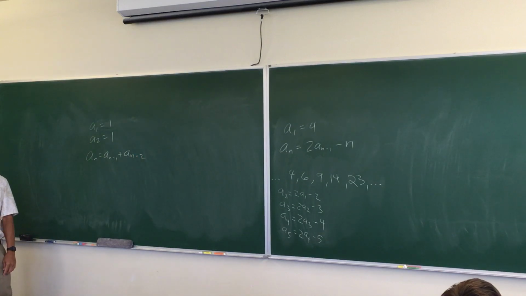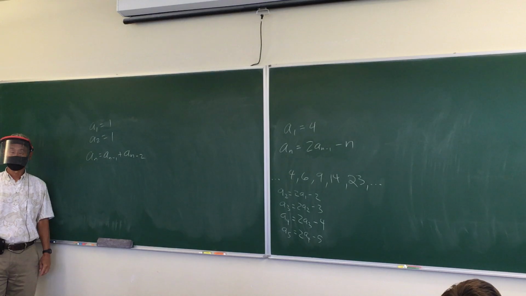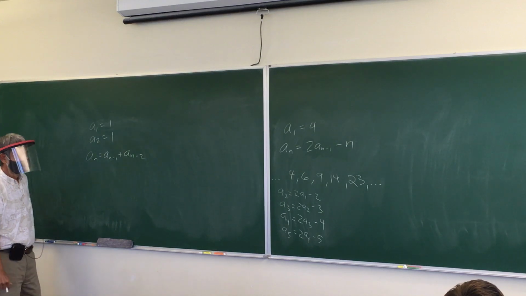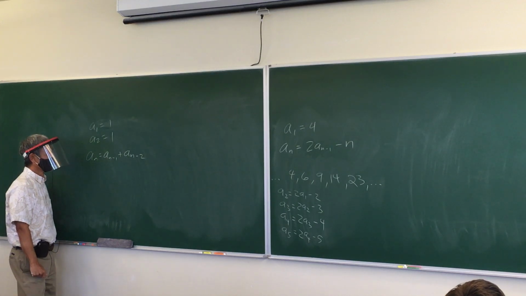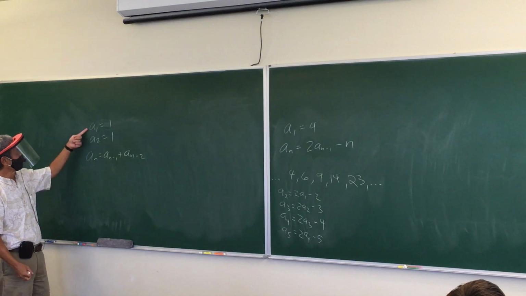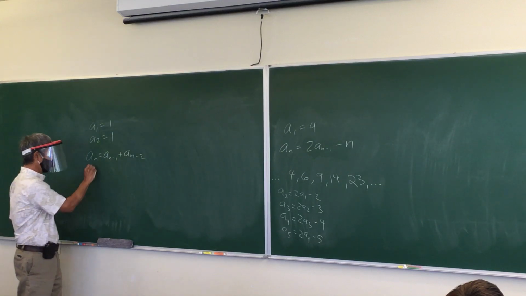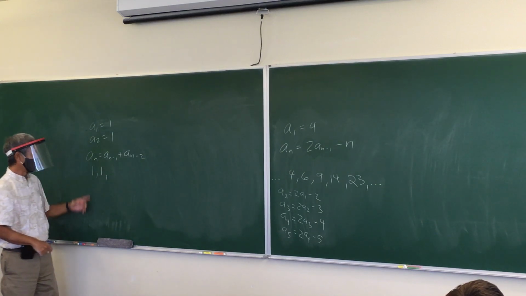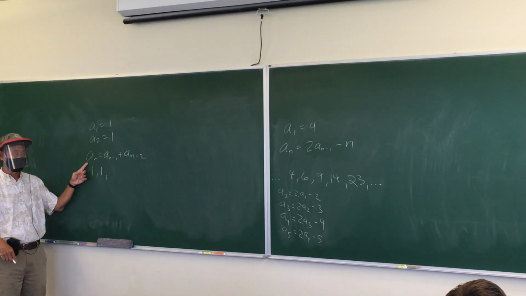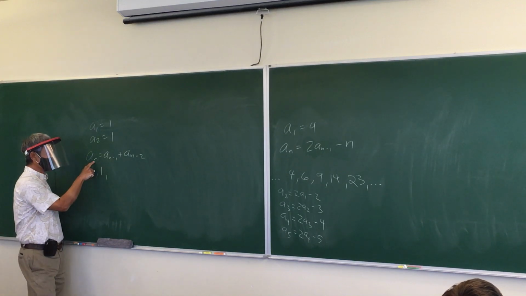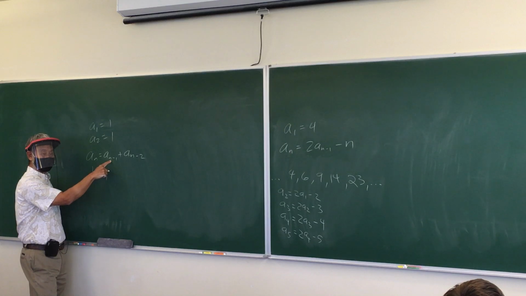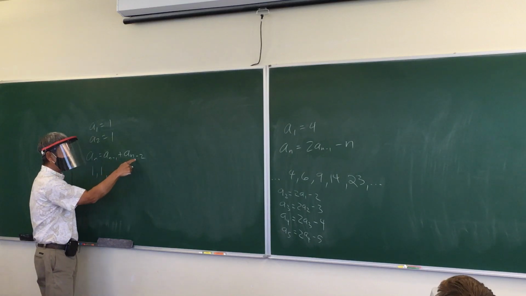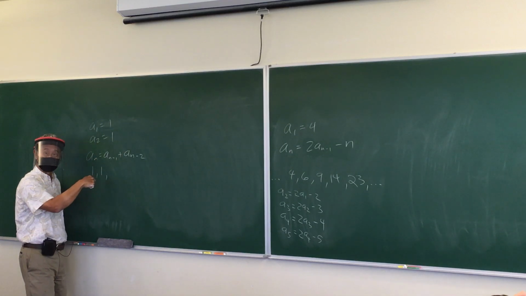Write out the first 10 terms of this sequence. Well, what are the first 2 terms? They're given right here, 1 and 1. Now, how do you read this recursion formula? To get any term in the sequence, you take the previous term and add the term before that, right?